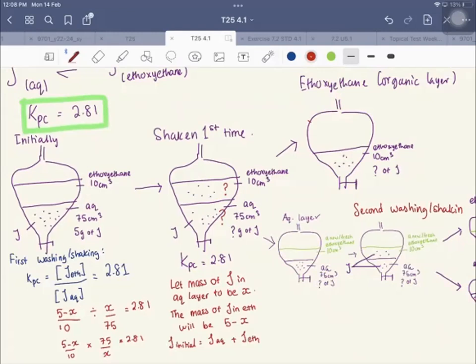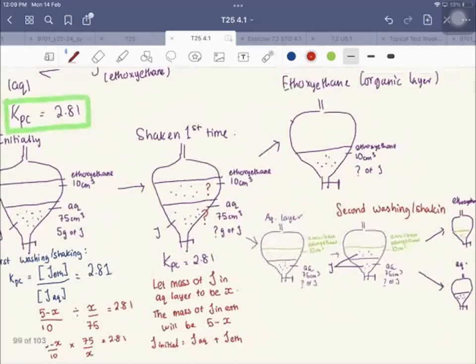I am working out my value as well. X is equal to 3.64. Yes, Ridwan, we get the same answer. Thank you. So X equals 3.64.